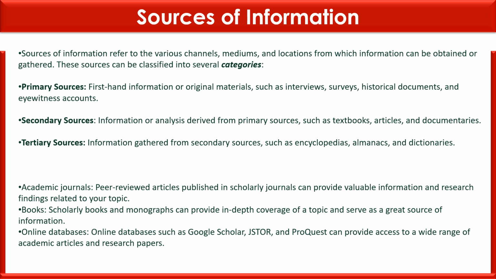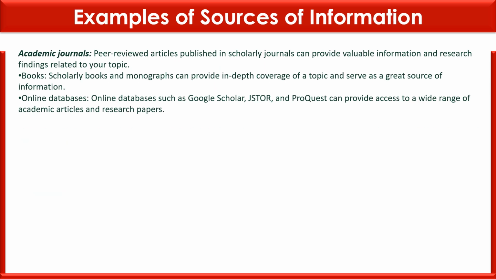Okay, so this is about the sources, meaning that the academic journals, the books, and the online databases are basically categorized under the secondary sources. Okay, so let's move on to the other slide.